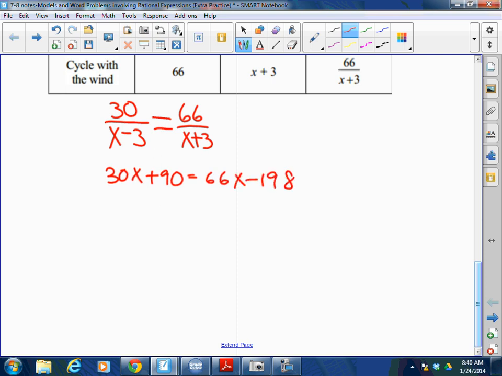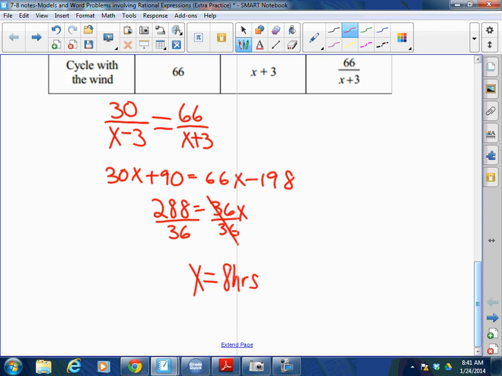Is that correct? Yeah. So this is 36x. I add the 198. That's going to be 288 divided by 36. What do I got there? It's 8, right, guys? Yeah, 8 hours on the money.